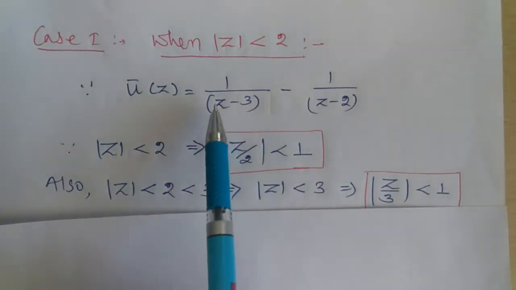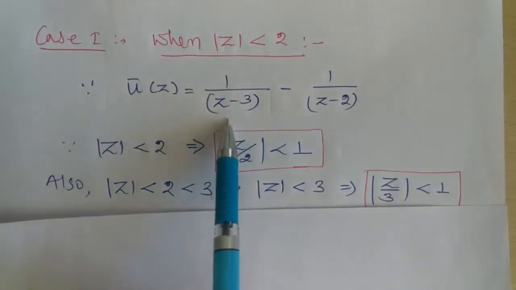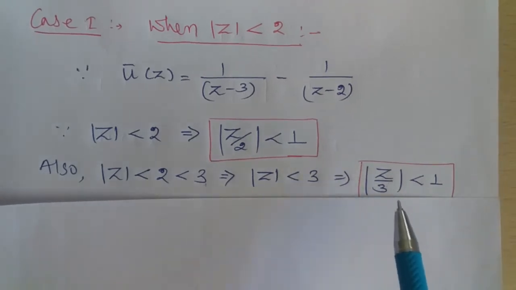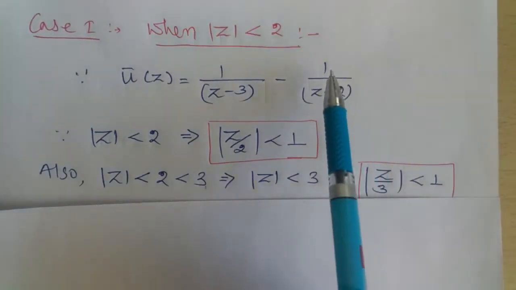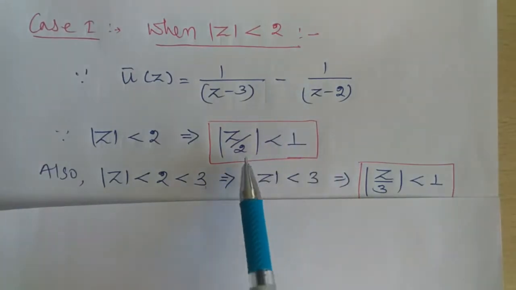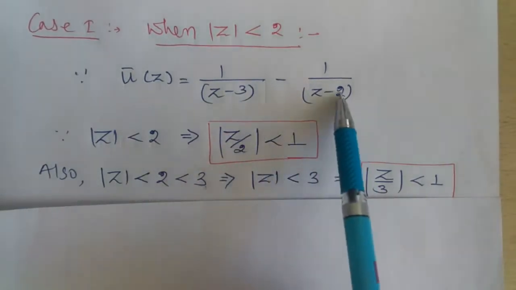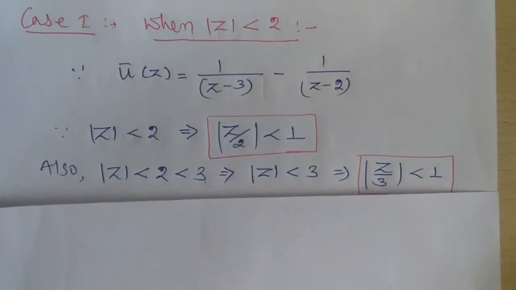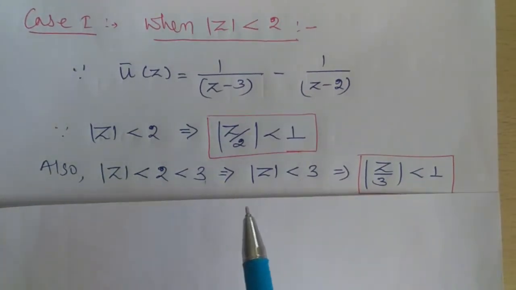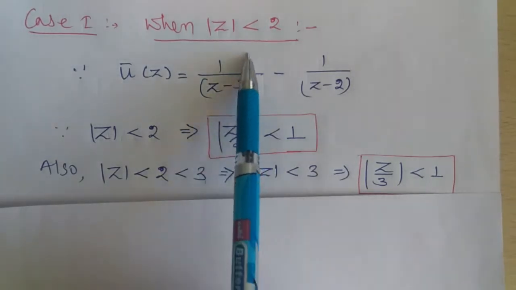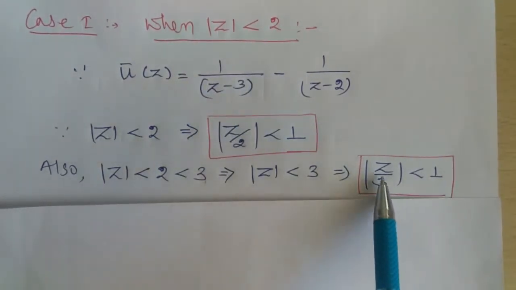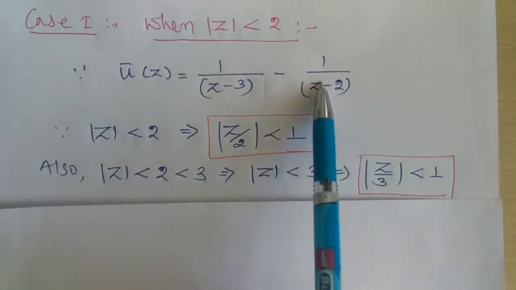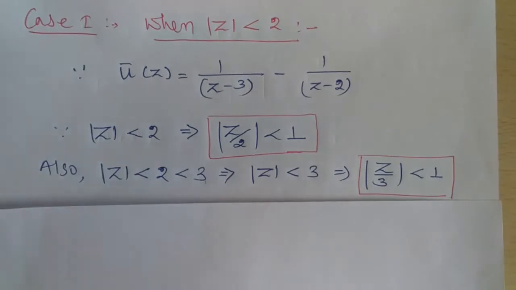So we expand this expression in terms of z by 3 because mod z by 3 is less than 1, and we expand this expression in terms of z by 2 because mod z by 2 is less than 1. So the region of convergence suggests that we have to expand this expression in terms of z by 3, and this expression in terms of z by 2.